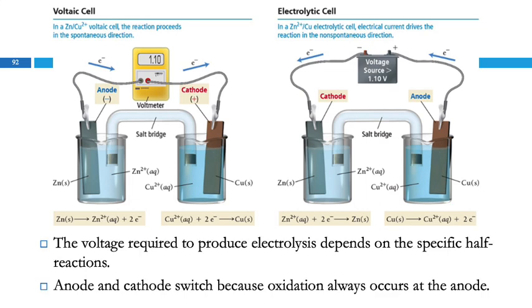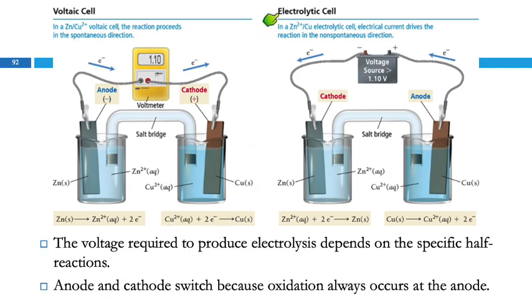The voltage that you need for electrolysis, of course, is going to depend on what the specific half reactions are. Here we have a voltaic cell where we have zinc being oxidized and copper ions being reduced.